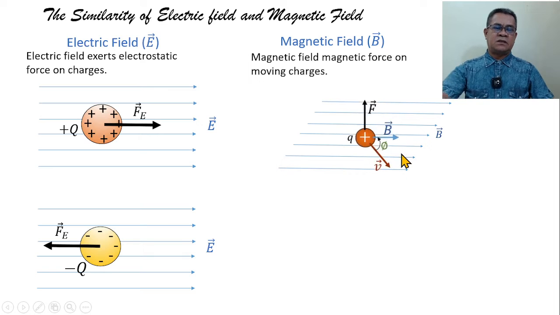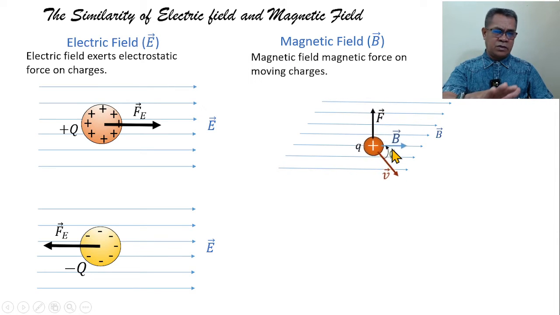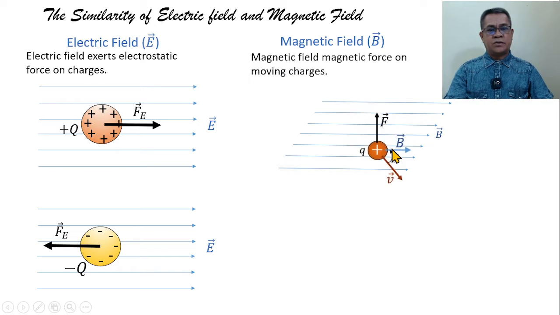Another thing is that the direction of the magnetic force is always perpendicular to the plane of the velocity and magnetic field. And take note that we have the angle between the velocity and magnetic field, which we call angle theta.